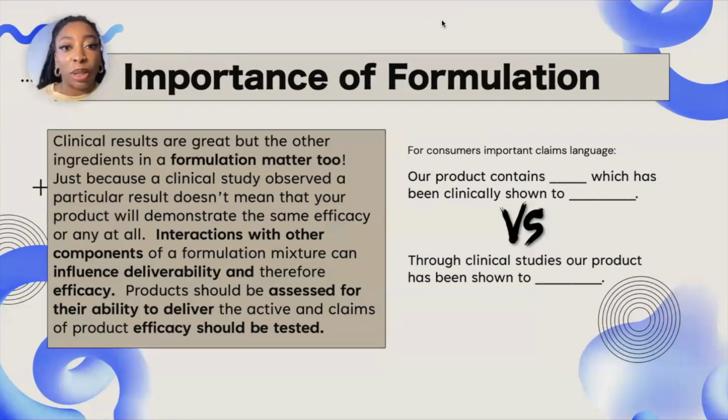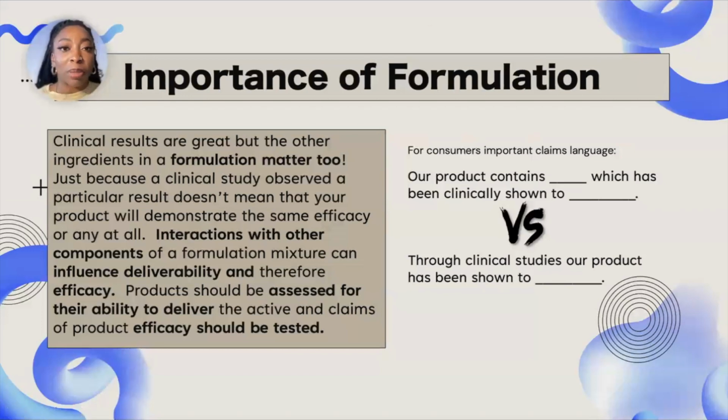There's a difference between a brand saying something like, our product contains blank ingredient, which has been clinically shown to exert blank effect, versus a company or brand saying through clinical studies, our product was shown to do this. And I'm not going to get too deep into this, but just keep in mind the level of evidence that certain claims convey versus others.